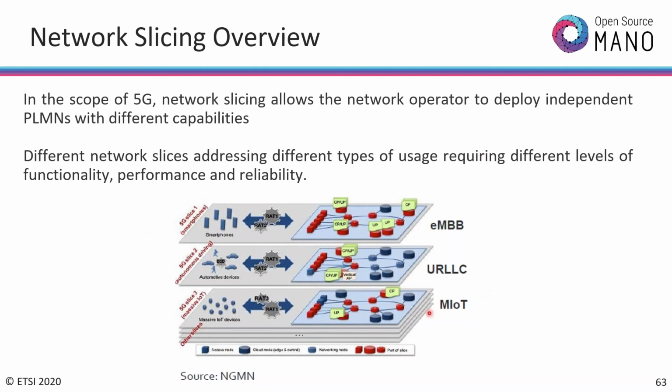So we have kinds of service like eMBB, sorry, other services that require ultra low latency, and others for IoT. So we can create different slices to handle the traffic through the network. And this gives the separation required on the network.